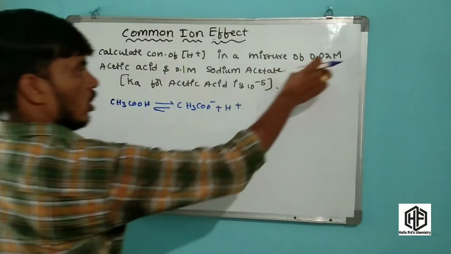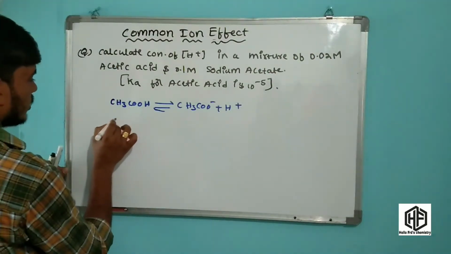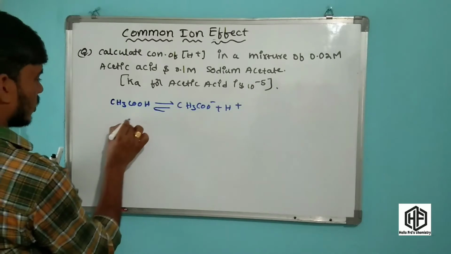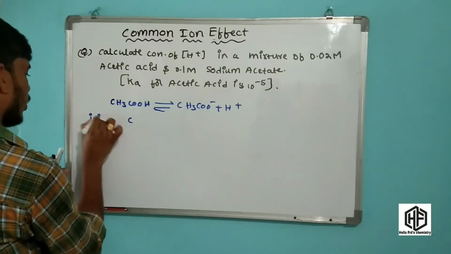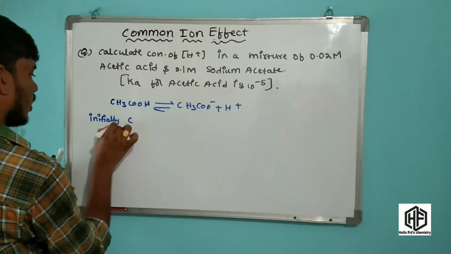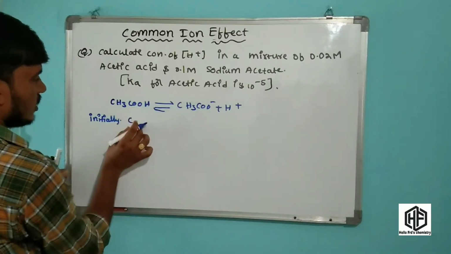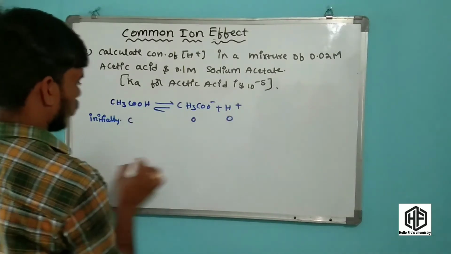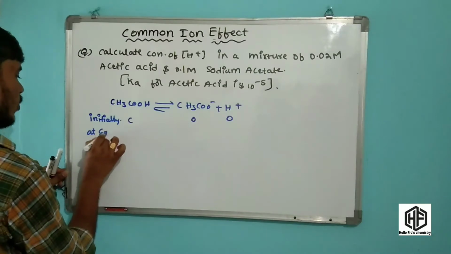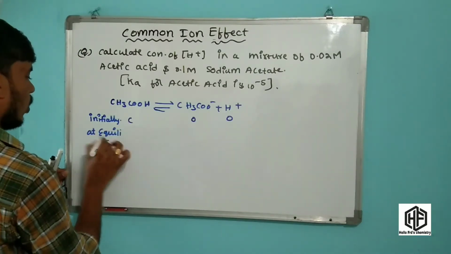Friends, the acetic acid is 0.2 molar. It means the initial concentration is C. Initially, friends, this concentration is C, and it dissociates to 0 and 0. But at equilibrium, friends, what happened there?